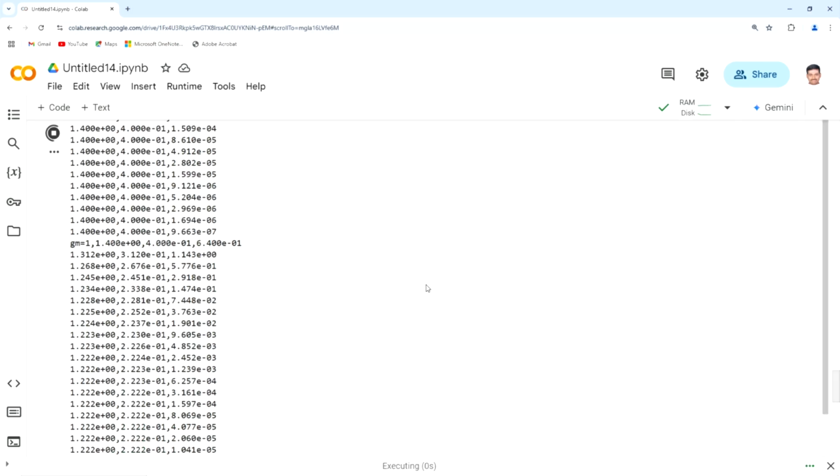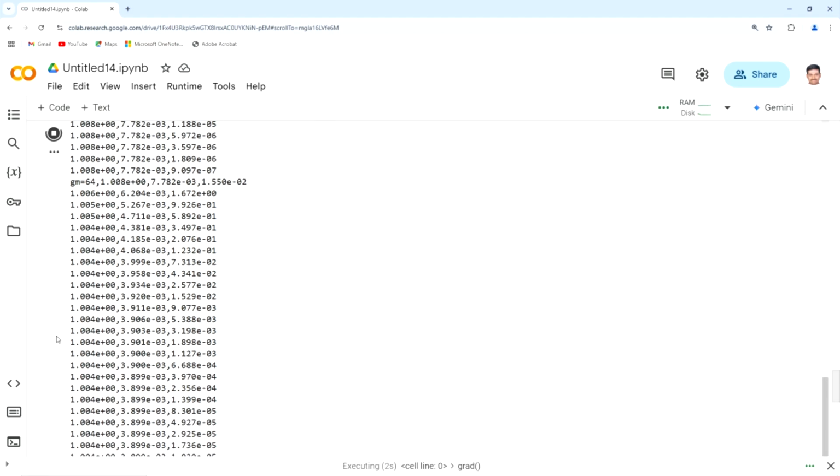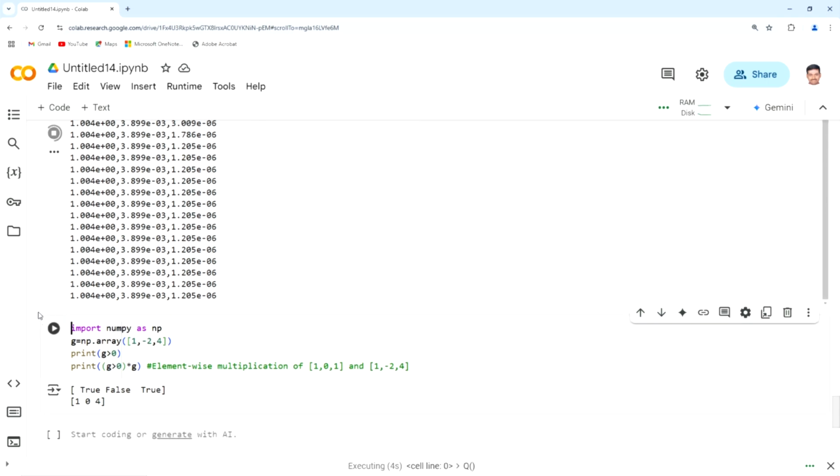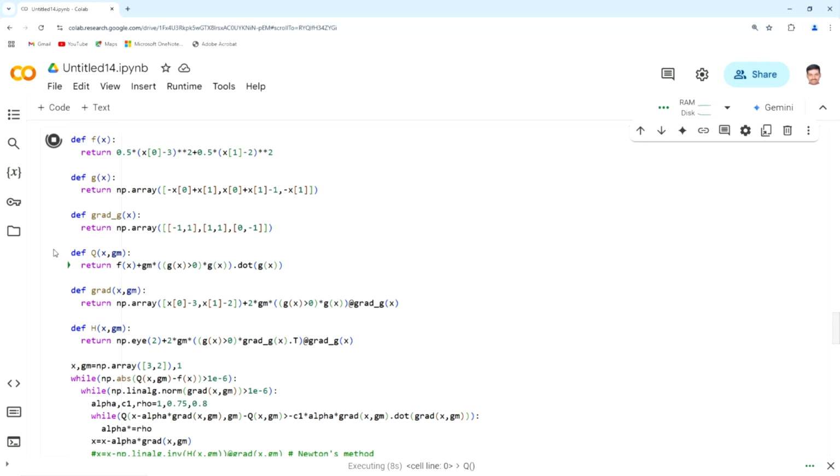Okay. So, you can see that this is actually working very slowly. That is expected, let me tell you that, because of high values of gamma.